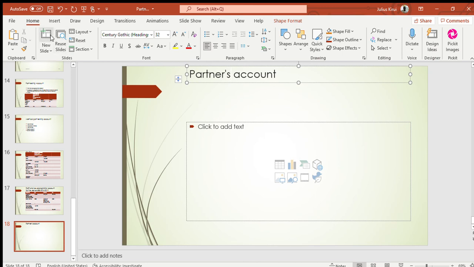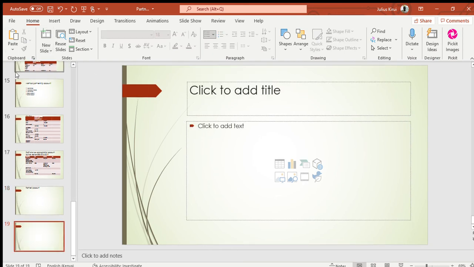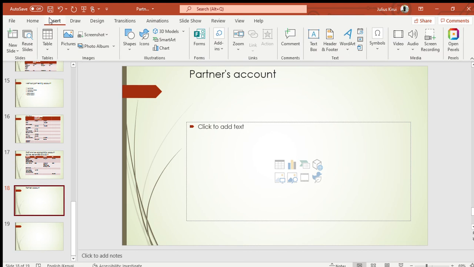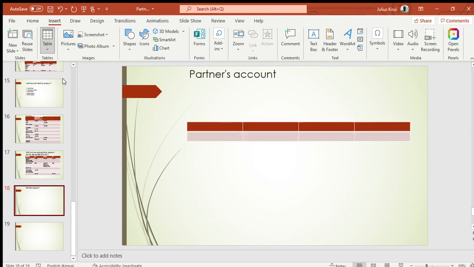Okay, so again, we are preparing partners account. Now in partners account, there are two methods. I said there are two methods. Which one and which one? Yes? Who can remind us? I said there are two methods. Yes.